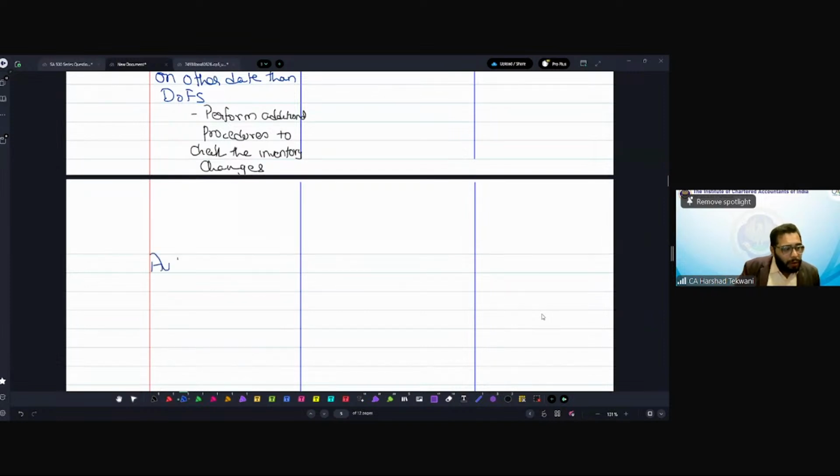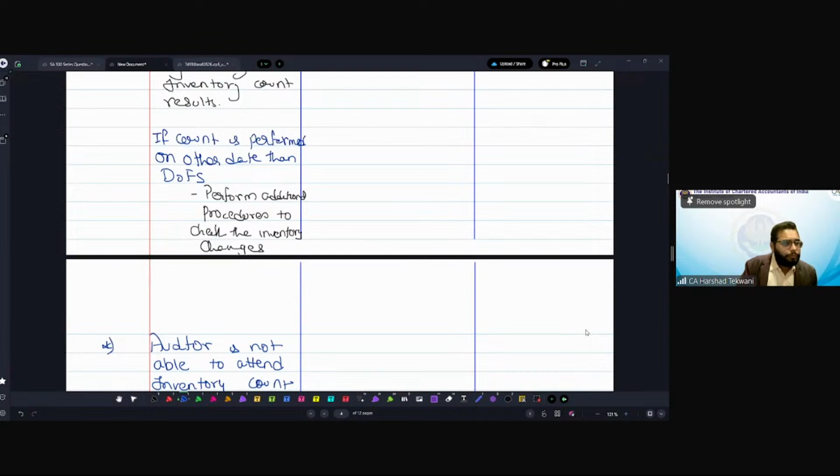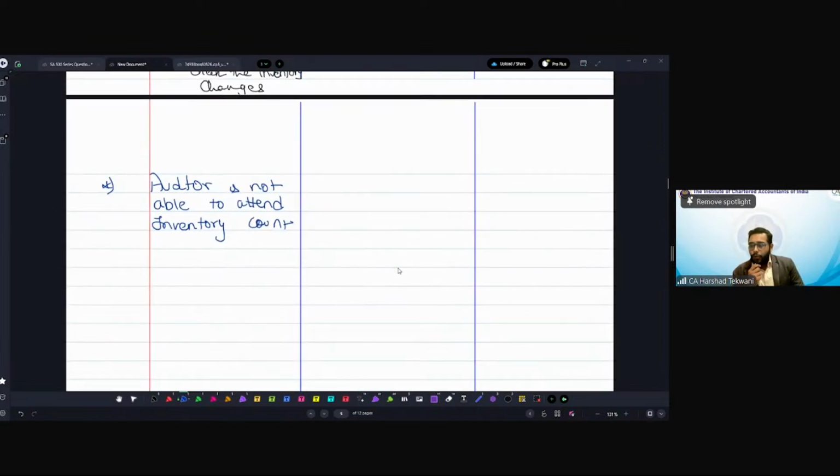The auditor is not able to attend the inventory count. If you are not able to attend the inventory count, what will you do? Because of XYZ reasons. So physical count on another date.